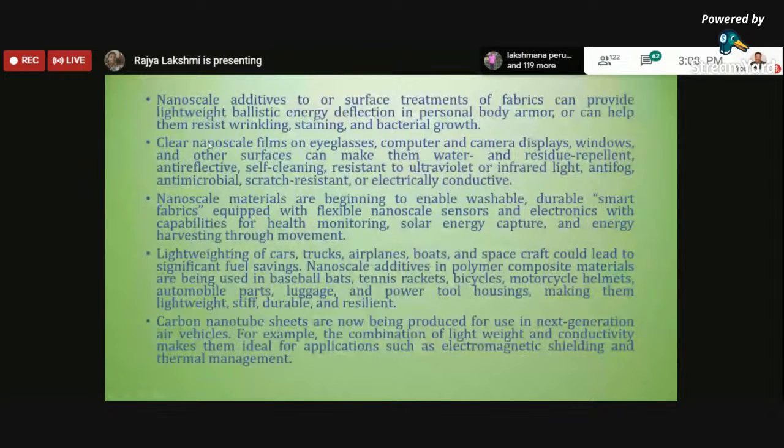And even nanoscale films on eyeglasses, computers, camera displays, and even on windows and other surfaces can make them water repellent, anti-reflective, self-cleaning, and resistant to ultraviolet and infrared light. This particular idea is taken from nature.